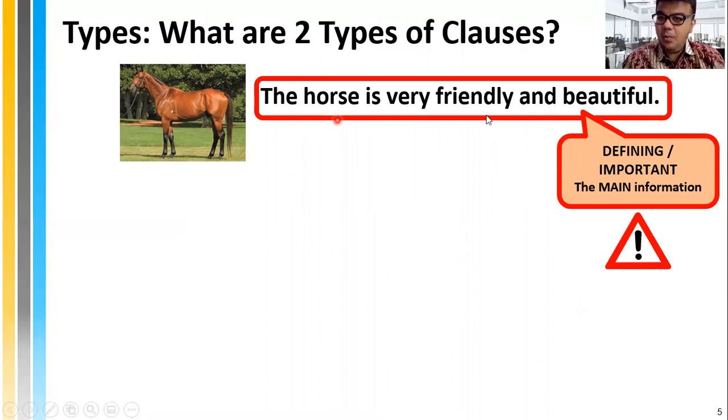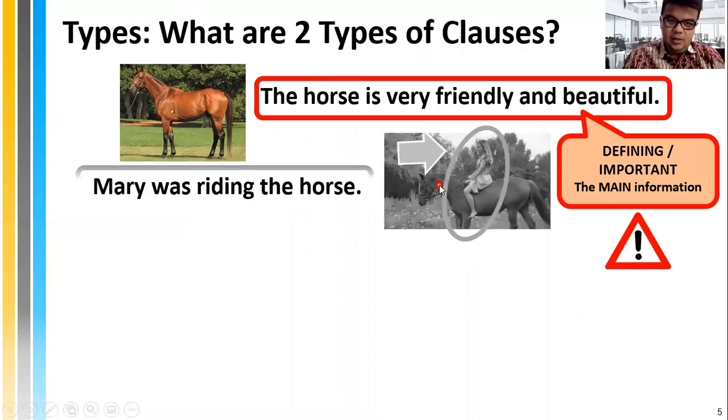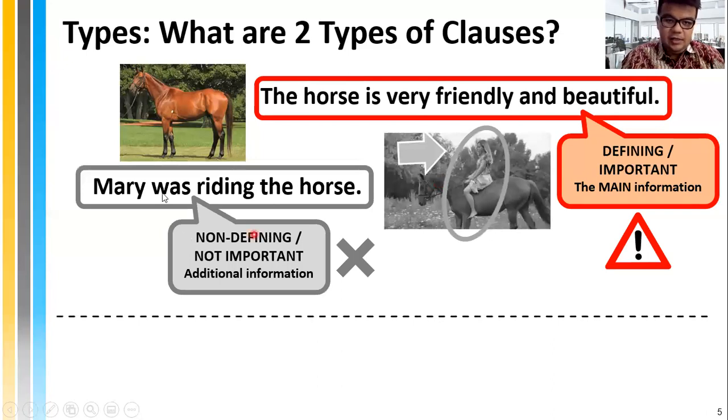This is the defining clause. The second one is the non-defining clause. That's the, by the way, additional information. It's not important. The horse is very friendly and beautiful. By the way, Mary was riding that horse.